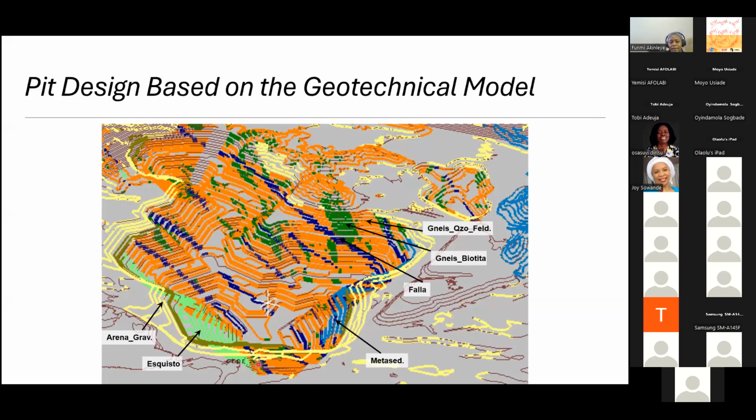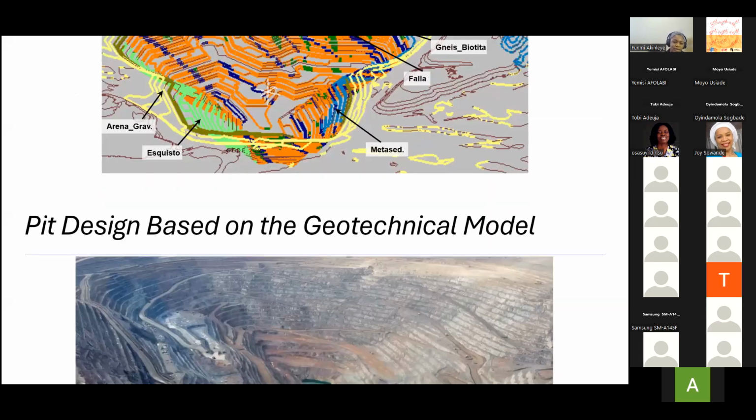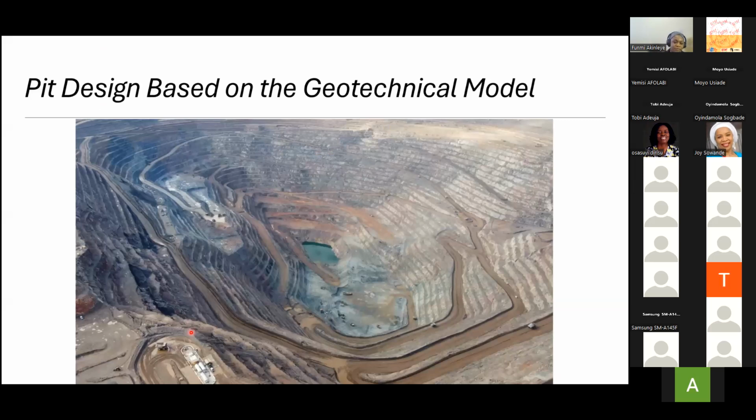Because each rock is different, if you know what a schist is, it's much more unstable than a gneiss. Because of the information that a geologist has, it's easy to create a model of how the mine will be. And do you want to know how the mine looks? Here it is. We know the areas where different rocks are, and then we know how to treat those areas differently because we have the information from the geological or geotechnical perspective.